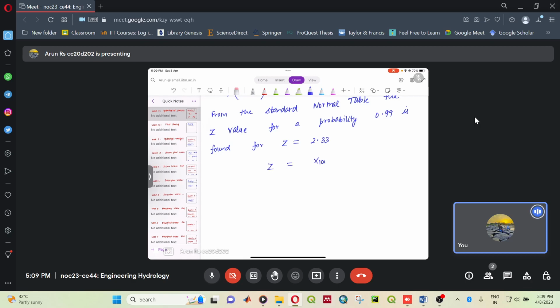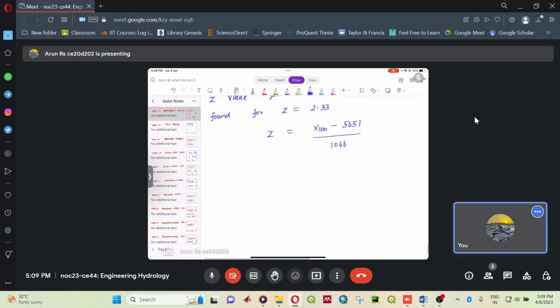Z is equal to x100 minus the mean, that is 5651, divided by the standard deviation. So z is known. We can find out what x100 is from this.